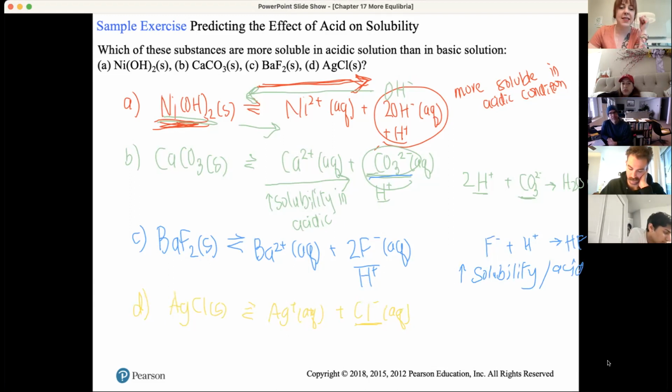Strong acid. So that makes chloride what kind of base? Negligible. Perfect. So if I add hydrogen ions to this, will it do anything? Nope, it won't do anything. So that one will have no effect with that. Now let's think, if I add hydroxide, will it react with anything?